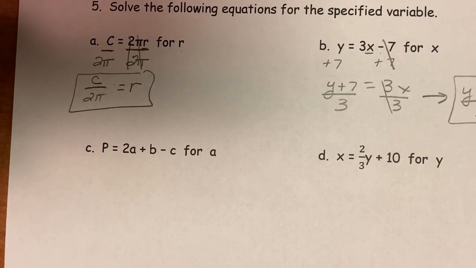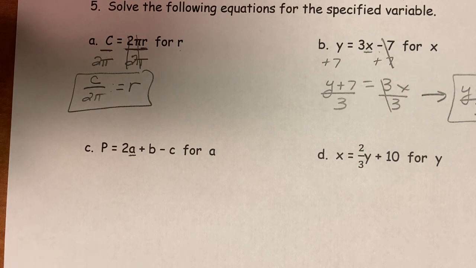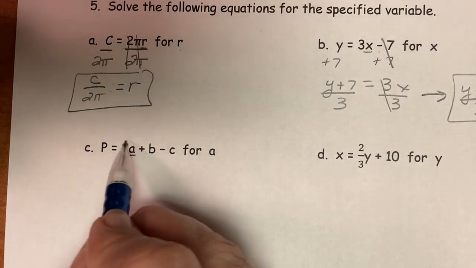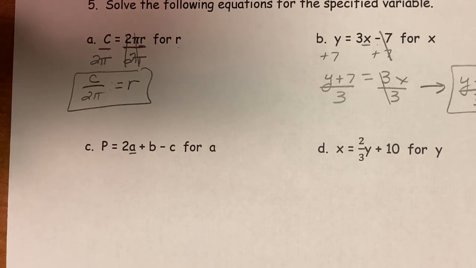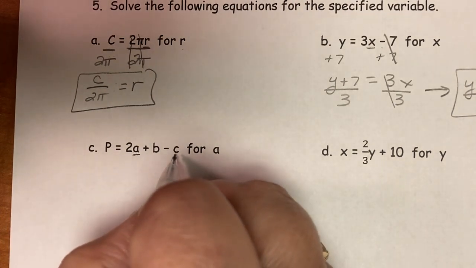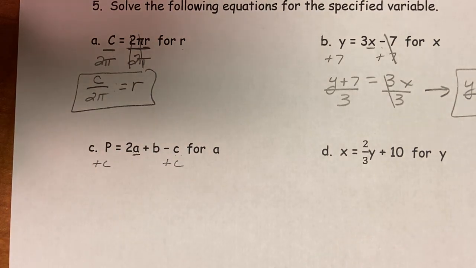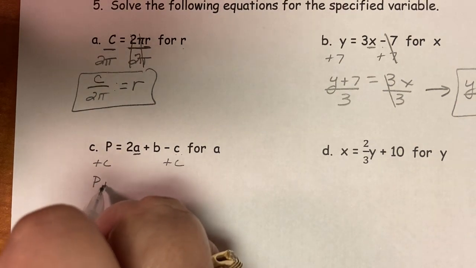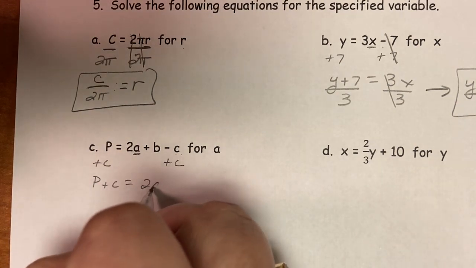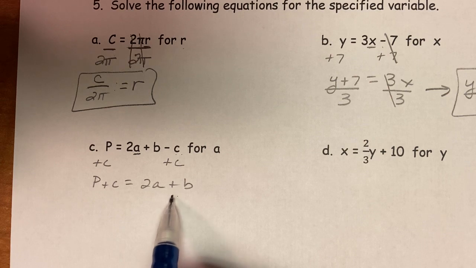Let's look at C. What do we want to get alone? We want to get this A alone. So the first thing I have to do is get the 2A alone so I can divide by 2. How am I going to get the 2A alone? Well, let's first get rid of this minus C. How am I going to get rid of that? I'm going to add C to both sides of my equal sign. So I would get P plus C equals 2A plus B. Now I want to get rid of the B. How do I get rid of adding B?